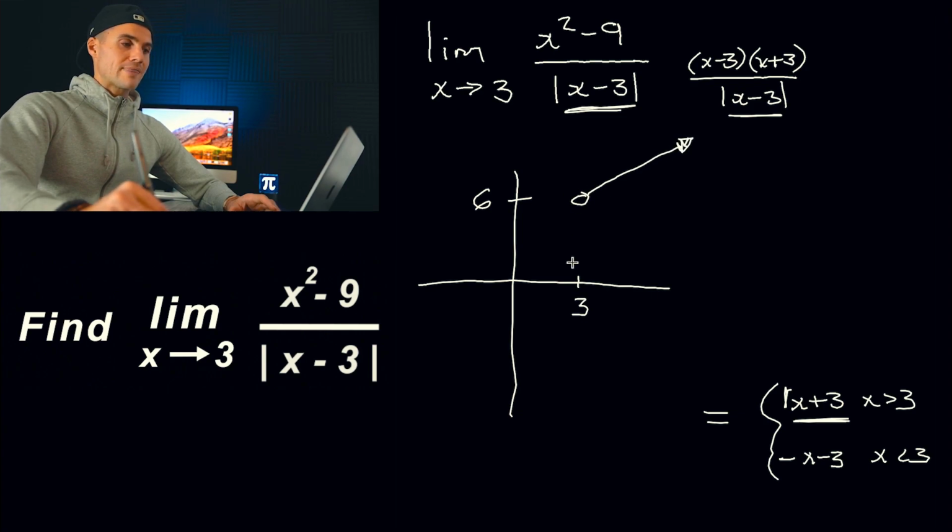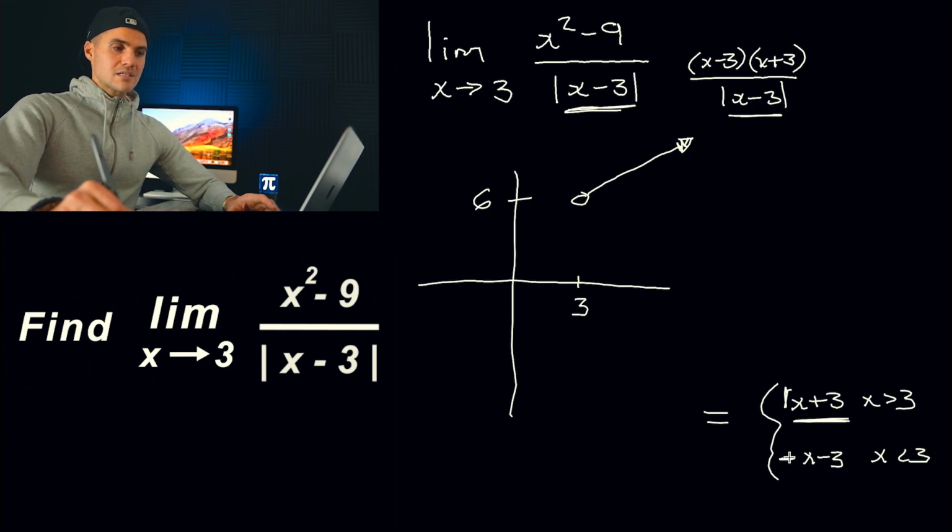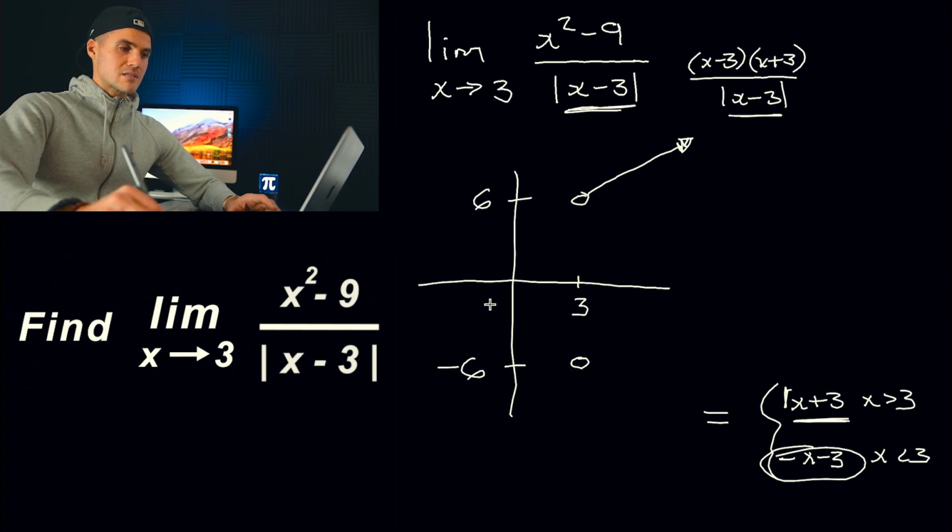Again, there's a hole there at that x value 3 because the function's undefined at that x value. Okay, and then if we plug in 3 for this second piece, -x minus 3, we would get -6. So that line would be ending right there. It's a negative slope, and so it's looking something like that, let's say.